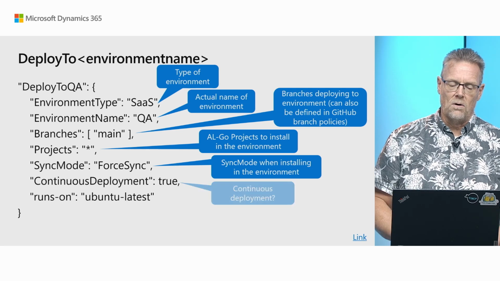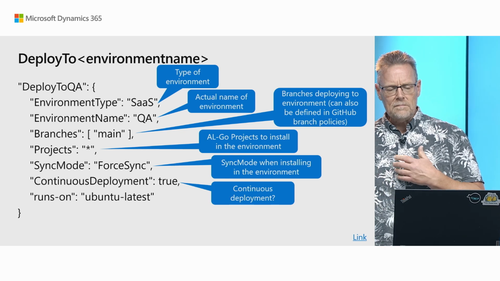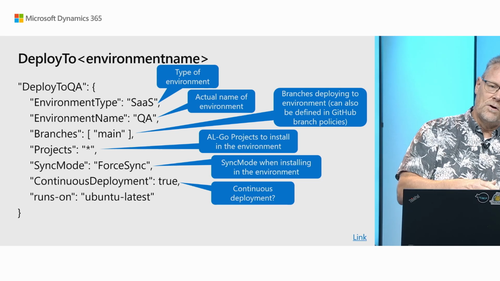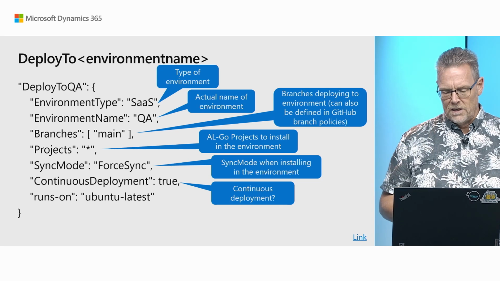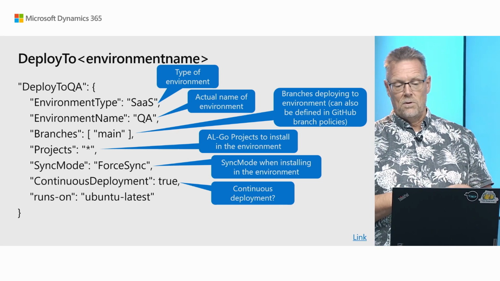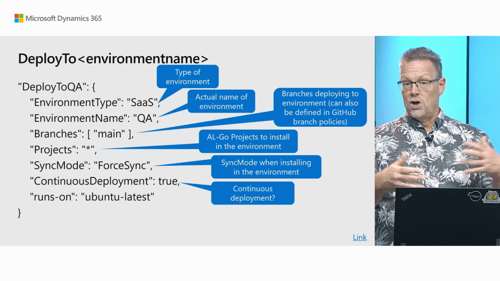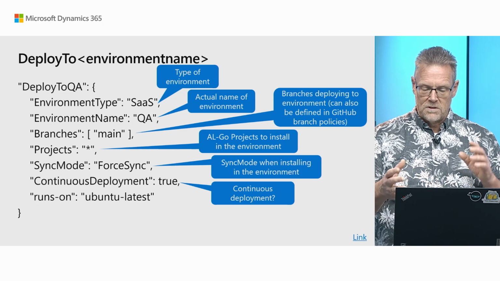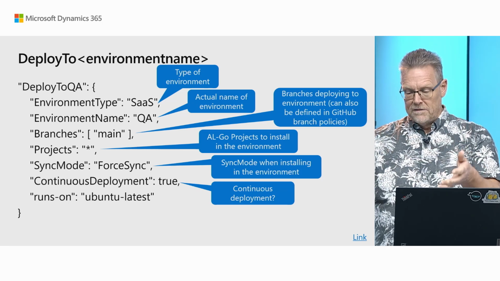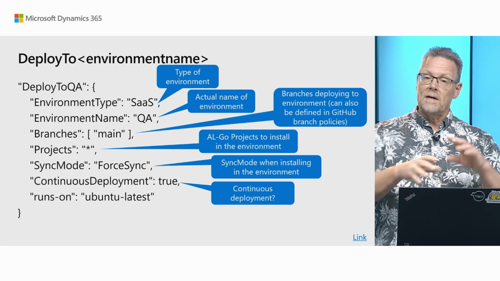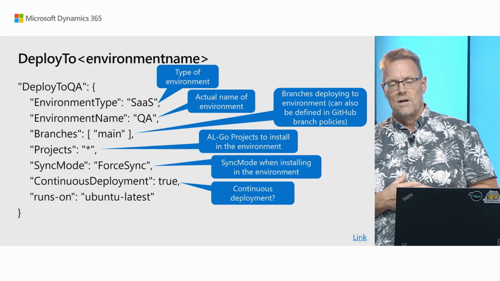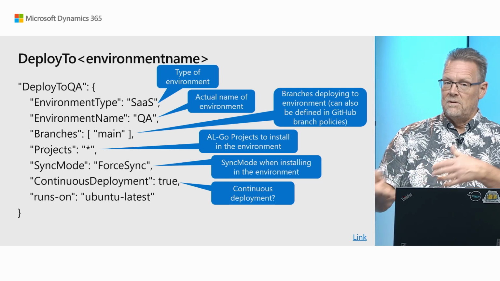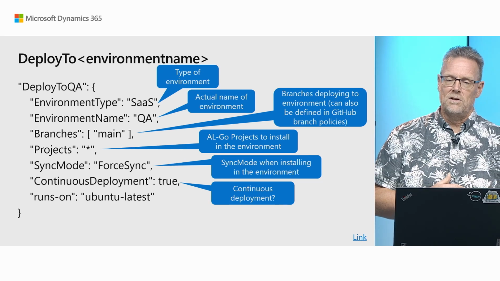And then there's a setting called continuous deployment, whether you want to use this environment for continuous deployment. In earlier versions, we would deduct the continuous deployment from the name. So if your environment name was QA, we would automatically roll out continuous deployment to that one. If it was QA (PROD), then we would say, oh, that's a production environment, so we're not going to touch that. Now, that's still the default way to deduct continuous deployment.